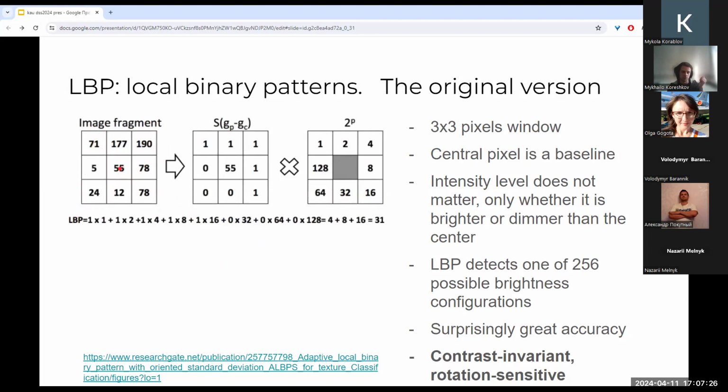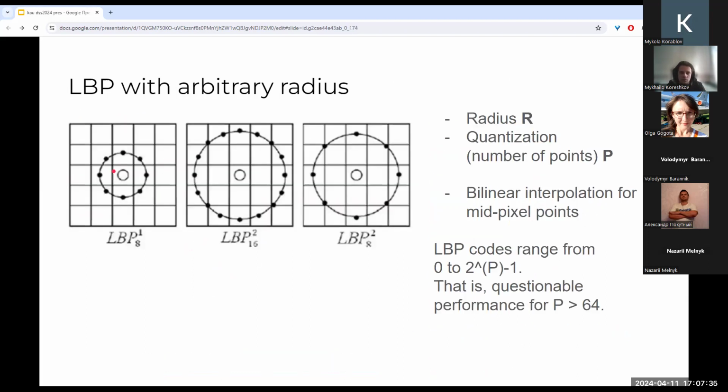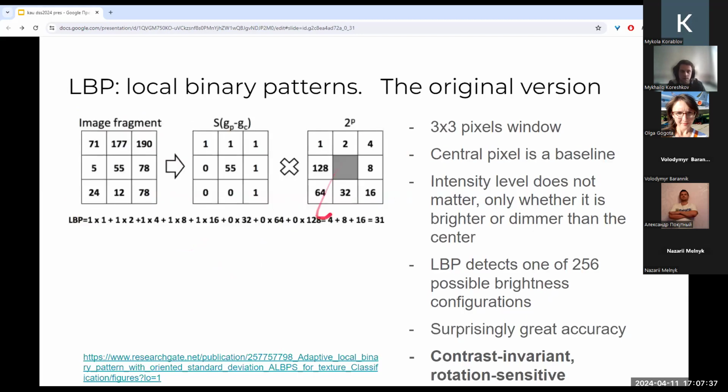So it's one pixel, and we have this little box, 3 pixels wide and 3 pixels high. We fix this central pixel and we use it as a threshold. We are trying to see which pixels around are brighter or dimmer than the central one. We record this as ones and zeros.